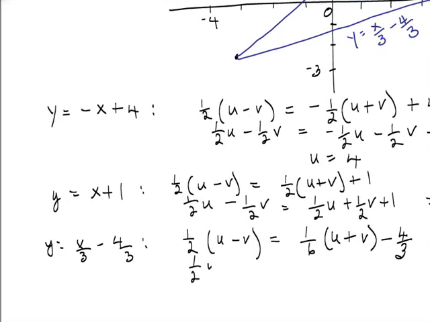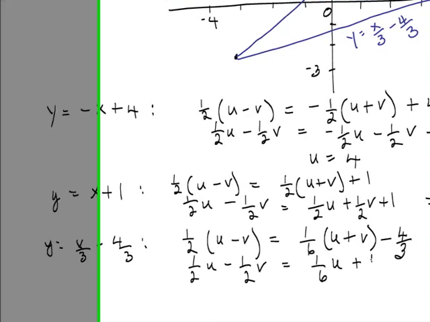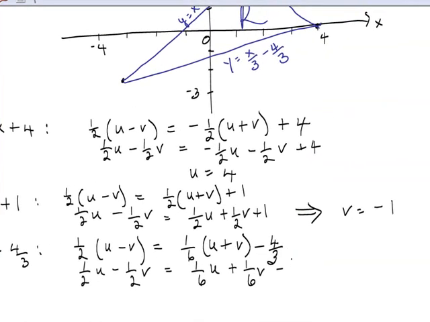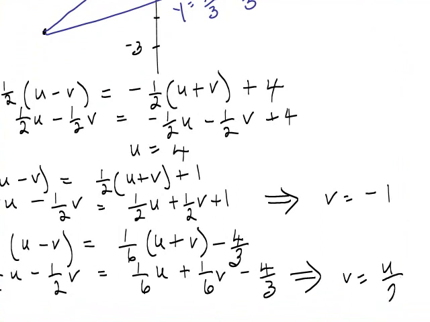A half u minus a half v equals 1/6 u plus 1/6 v minus 4/3. And when you simplify this, you get v equals u over 2 plus 2. A half u plus 2.